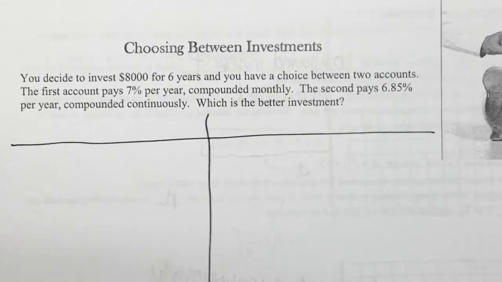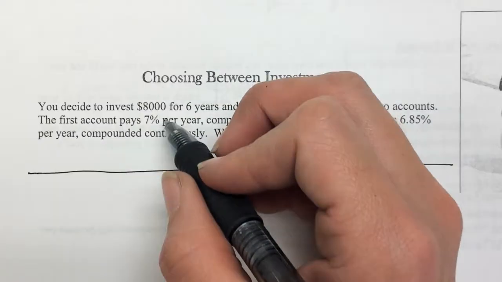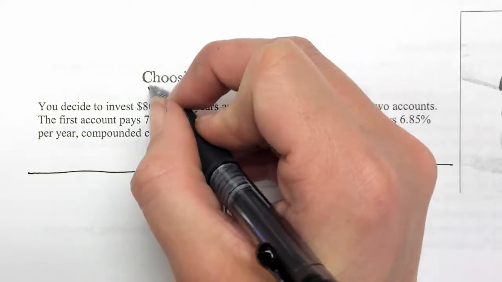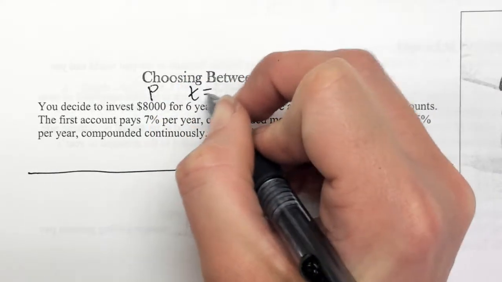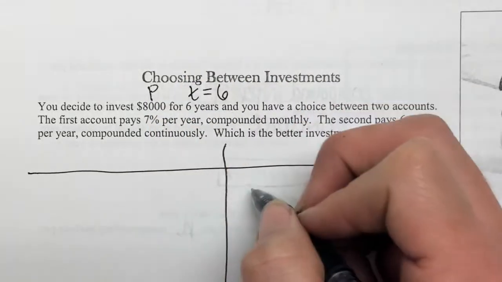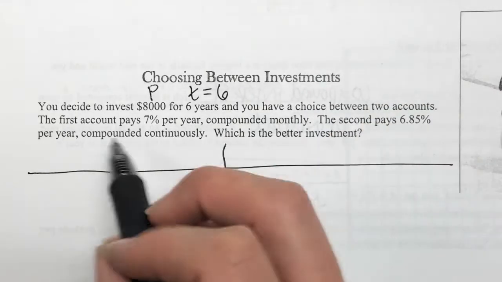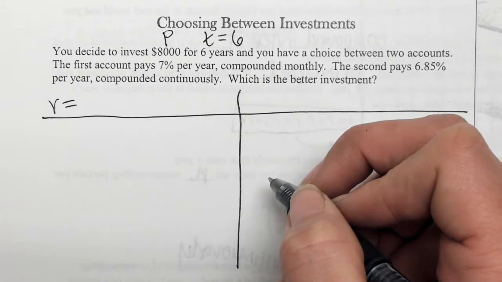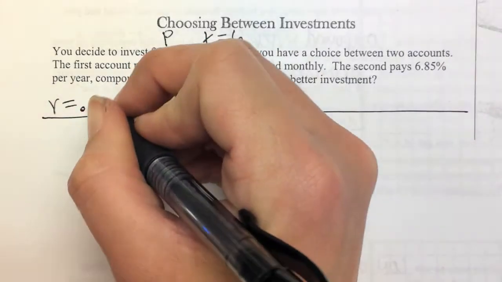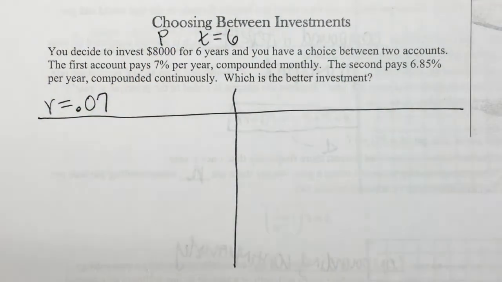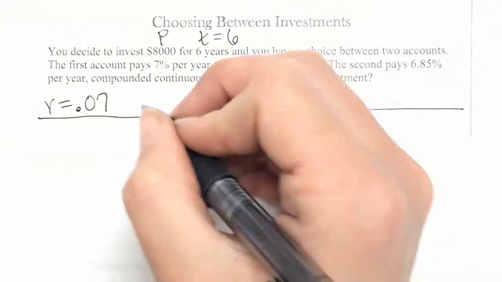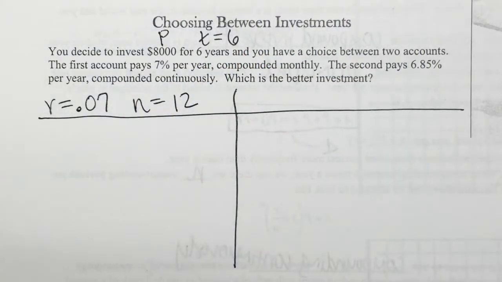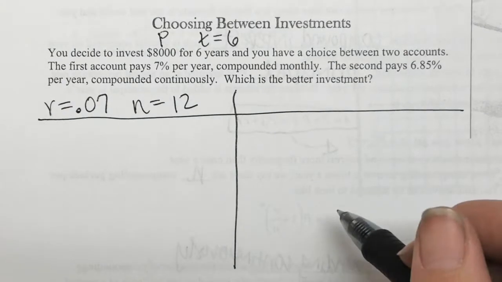All right, first let's identify what that 8,000 is. That's your P, r, n, or t? P. What is our t? 6. Good, time in years. This first one, the rate is 7%, but we need to change that to a decimal, 0.07. And compounded monthly, so n will be 12. Let's figure out that one first.